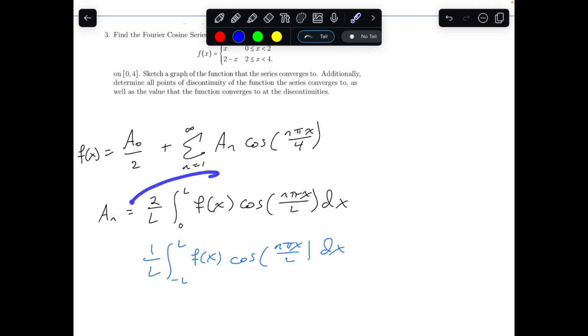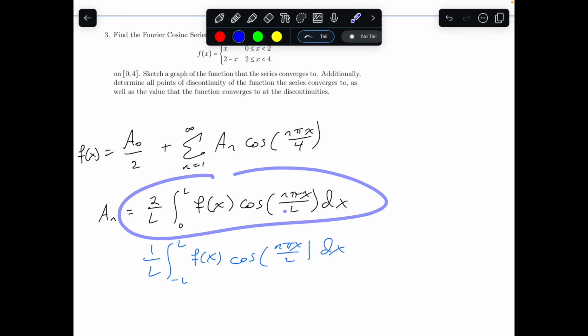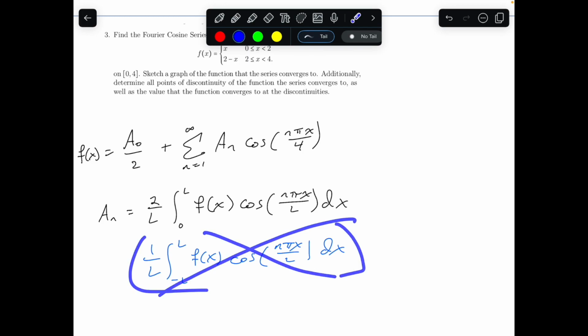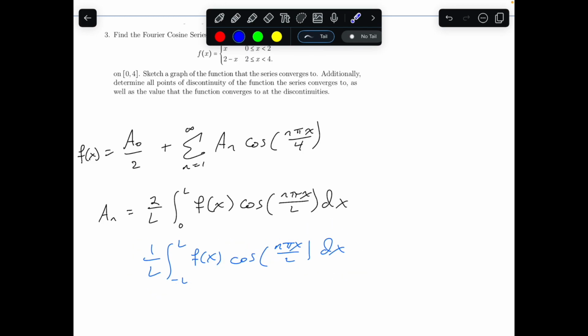But because of the properties of even and odd functions, this integral would be equal to this integral. And this integral is easier to do because one of the bounds is 0 as opposed to having a negative in there. If f is not an even function, this formula is not even valid and would give you something totally different from what you actually want.